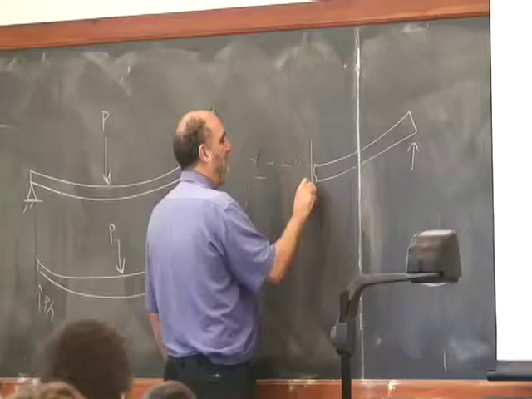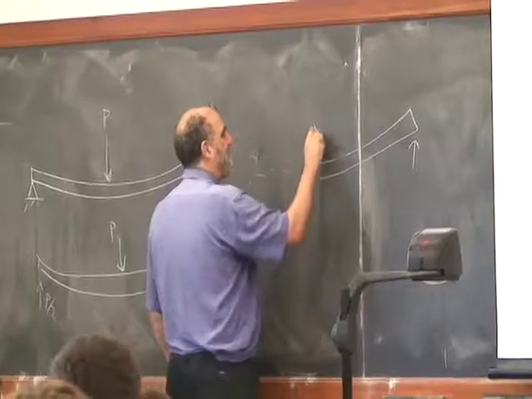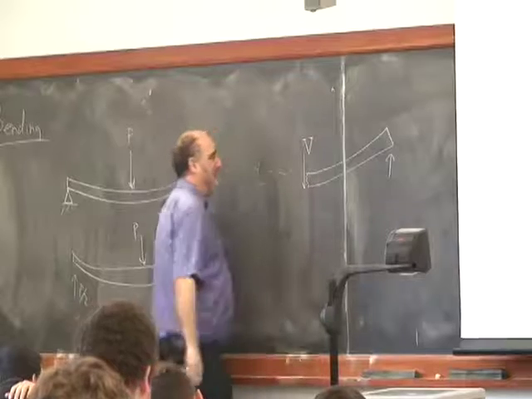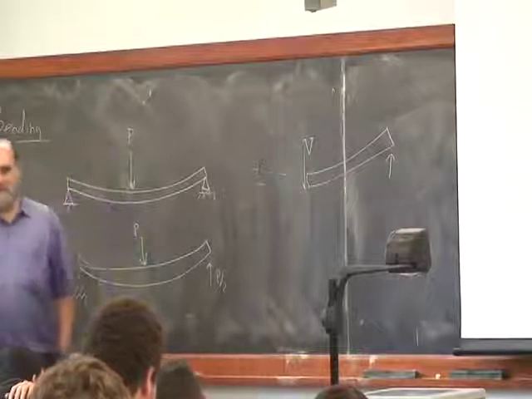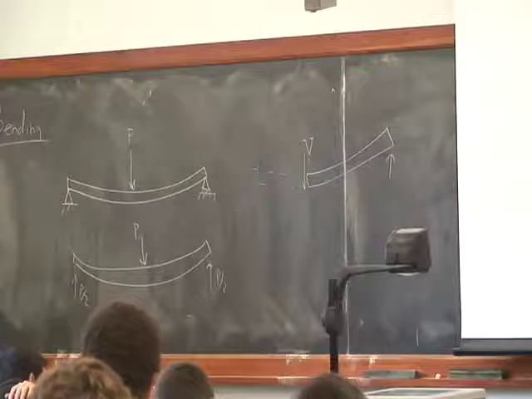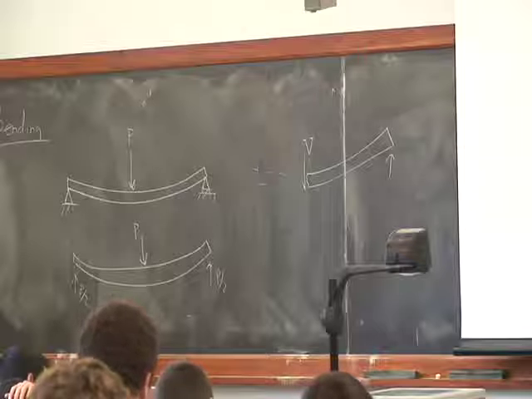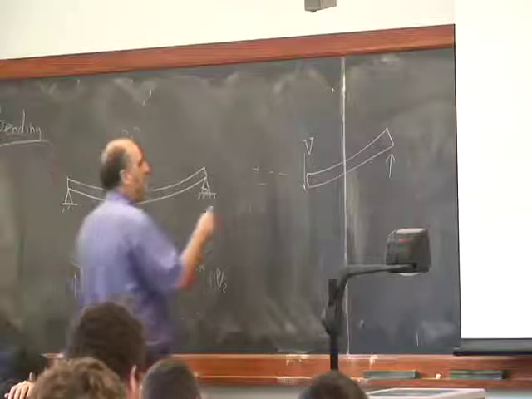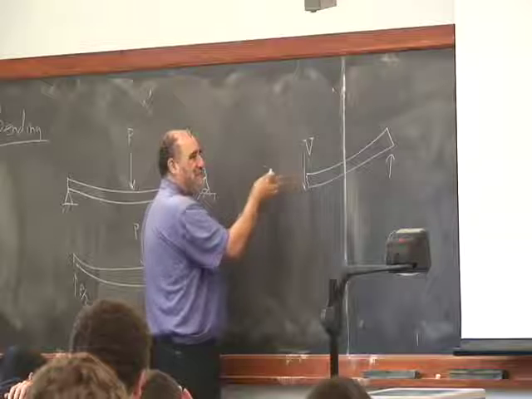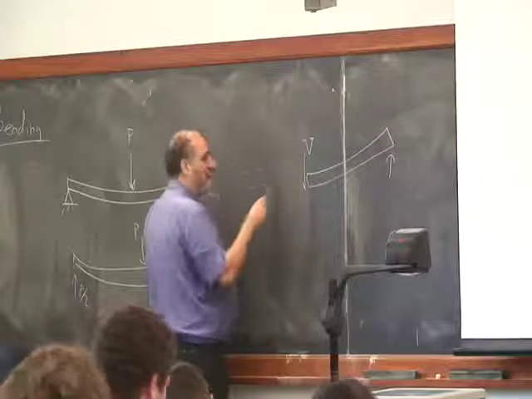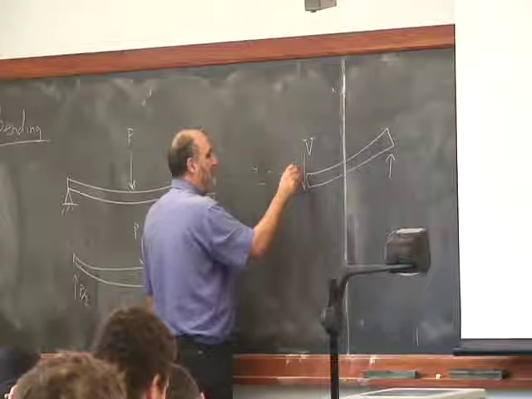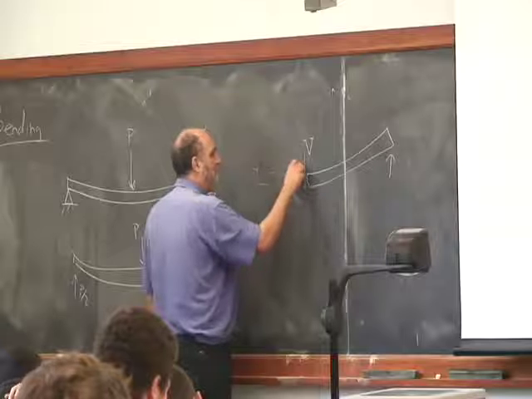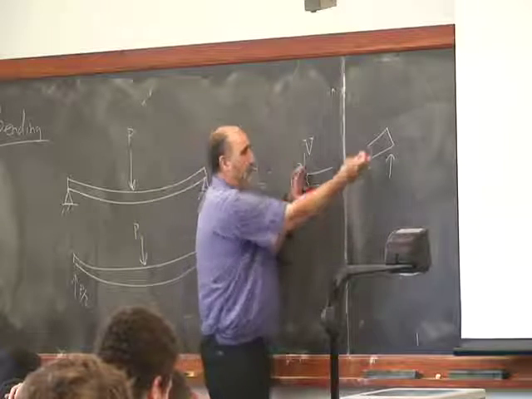And to keep this from flying away in space, there has to be some downwards force. And the standard engineering convention for that force is called V. I'm actually violating the sign convention of that, but that's not going to matter here. There could be a tension force, but it turns out to be 0. Otherwise, this thing will be flying to the right. And then there has to be some couple here, because there's a moment.